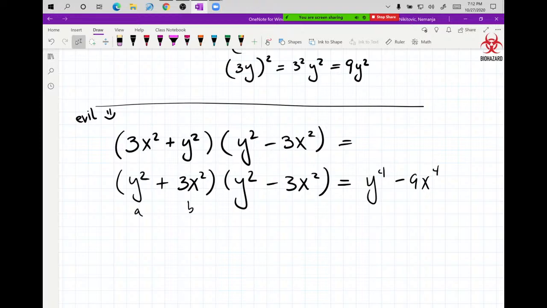And then, since your a is y squared, then your a squared has to be y to the fourth, which is the first term that we have to have. So that was a little curveball there, but we managed to get through it.